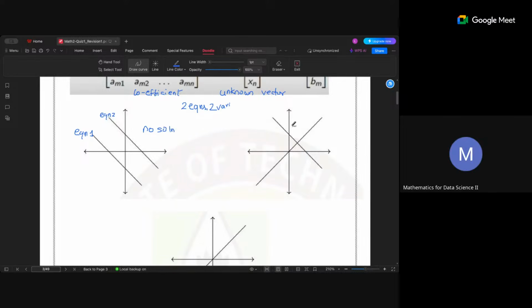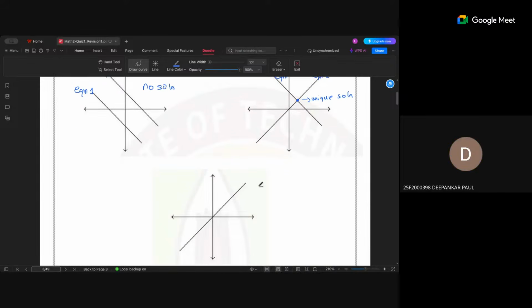Now here this is equation 1 and this is equation 2. Unique solution. In this case, the intersecting point gives you the unique solution. And what about this case? Infinite solution.